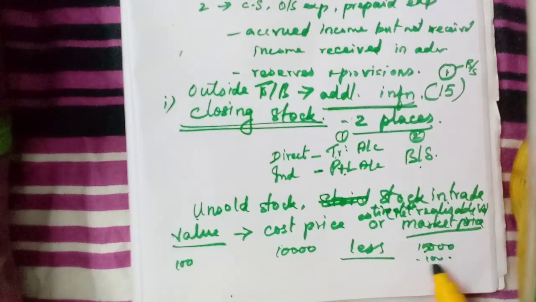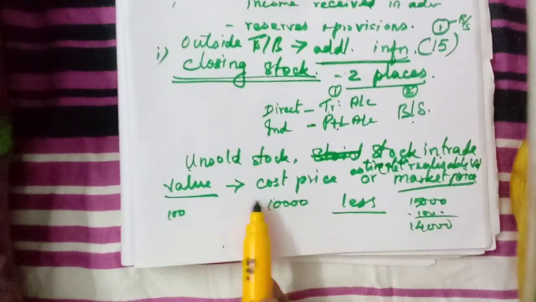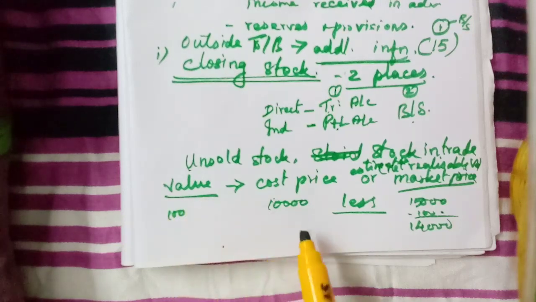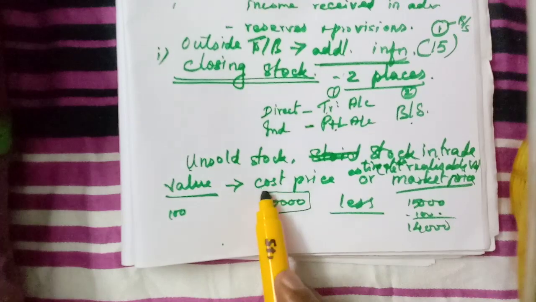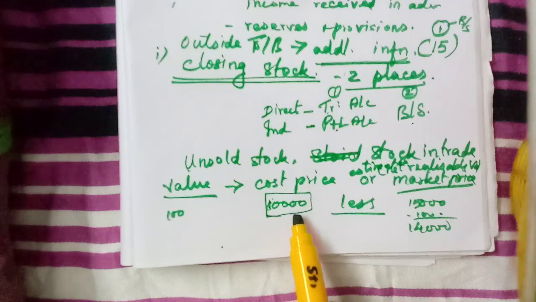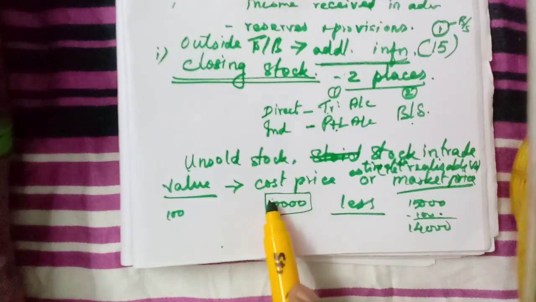It will cost around 1,000, so 14,000 is the net realizable value. In which amount will the closing stock be entered? Here we have to enter only the 10,000, because the expected loss only will be considered, expected profit will not be considered. So that is another concept.